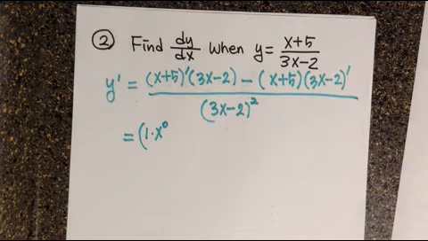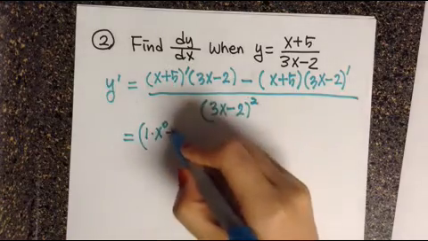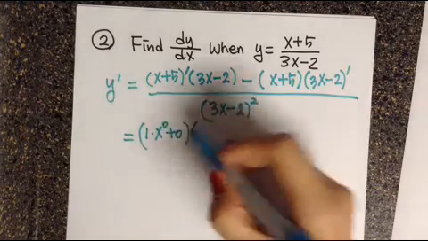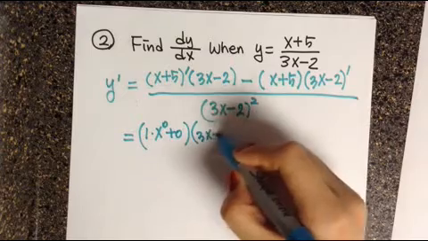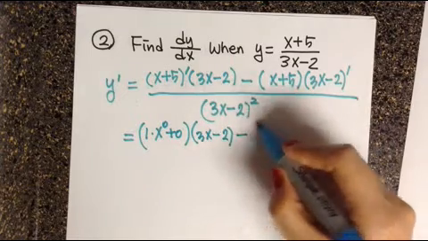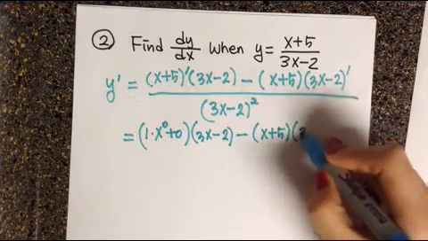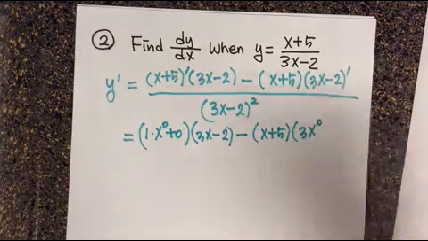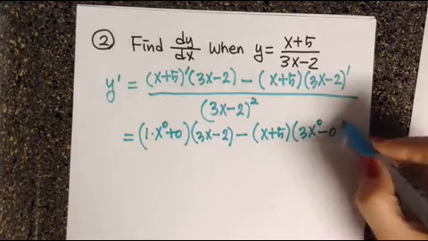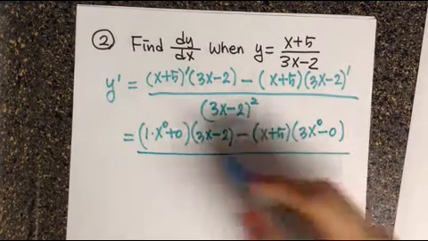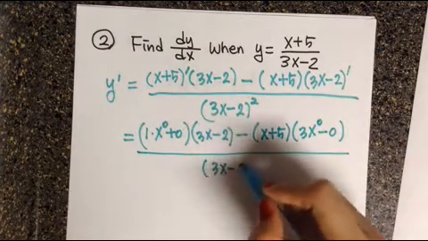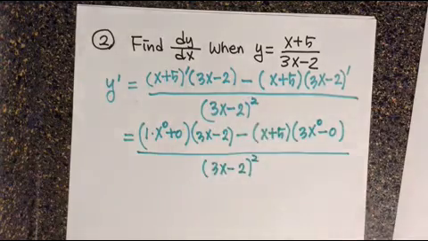So the derivative of a constant function is 0. So 0 times 3x minus 2 minus x plus 5 times 3 x to the 0 minus 0, over 3x minus 2 squared.